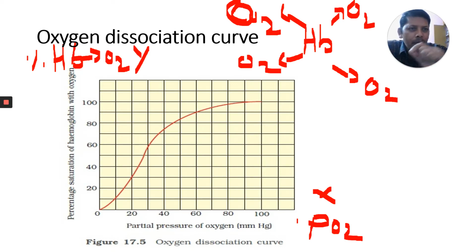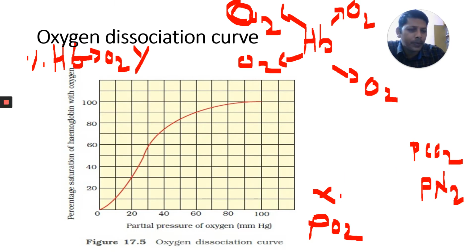The partial pressure of oxygen is denoted as PO2, of carbon dioxide as PCO2, and of nitrogen as PN2.